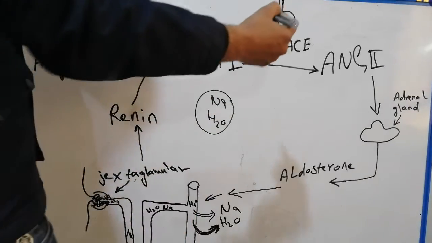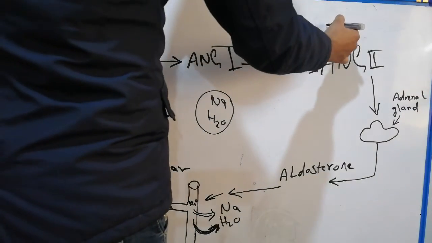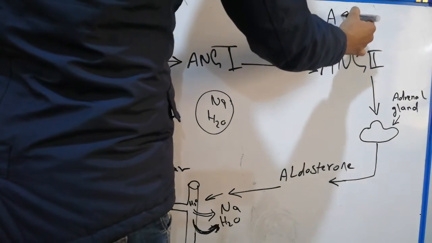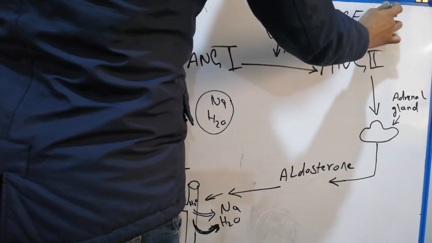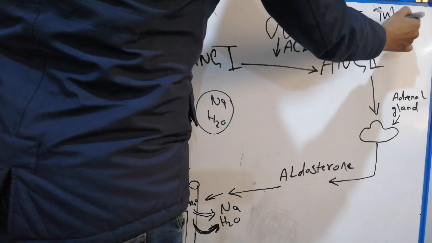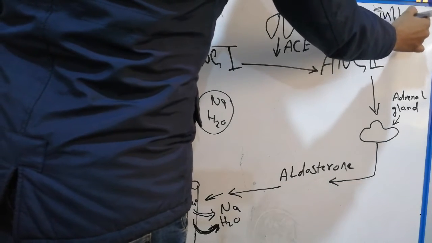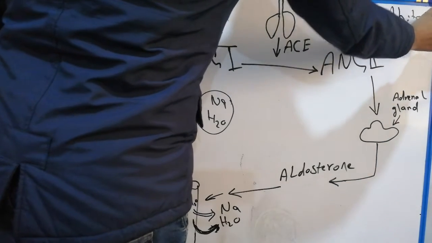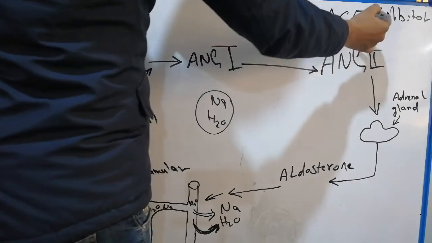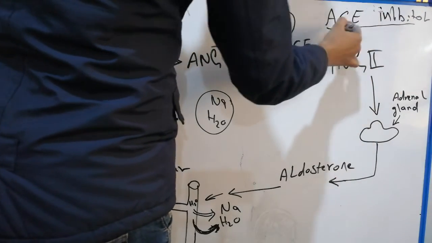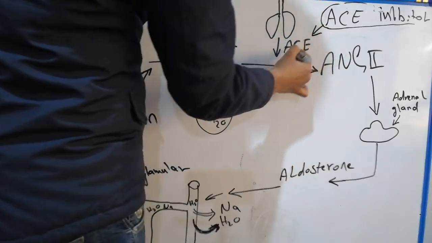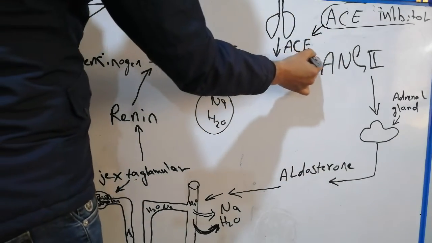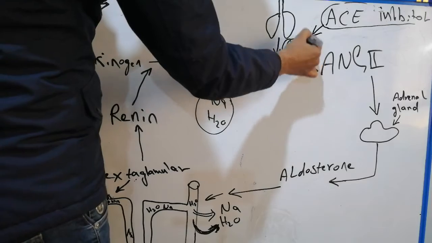So there is the angiotensin converting enzyme inhibitor. These drugs act on the angiotensin converting enzyme, inhibiting this enzyme.